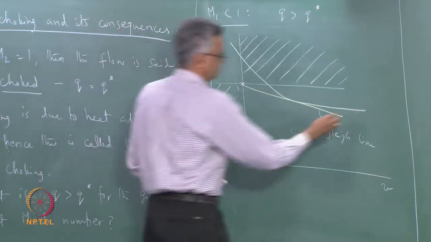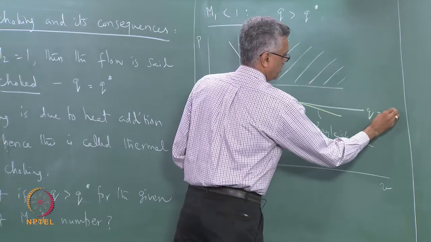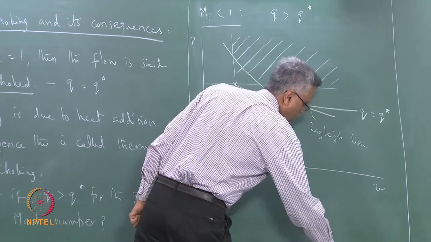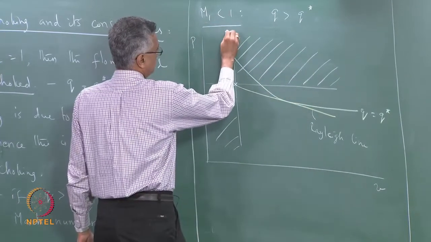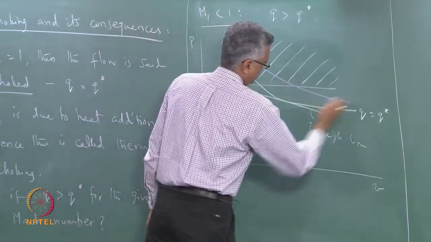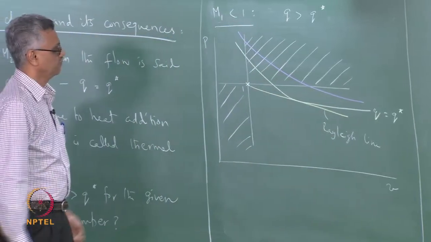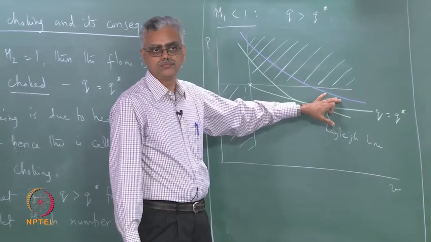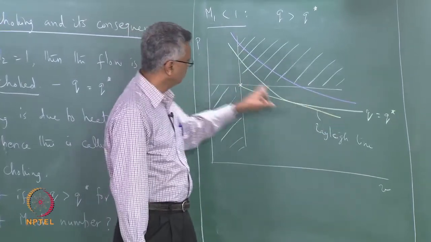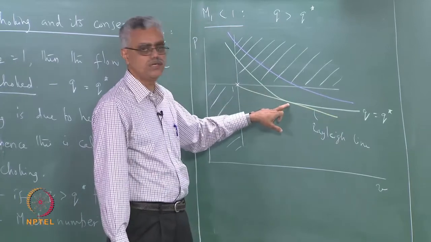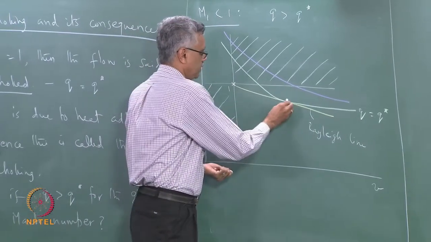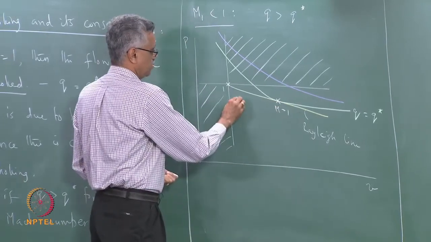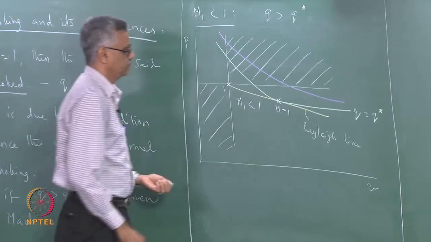But I am trying to add an amount of heat which is more than q star. So that means the H curve that I want is this. I am trying to add this much heat to the flow, whereas the q equal to q star H curve looks like this, so that there is a point of tangency here, and this is the sonic state where M is equal to 1, and this is the subsonic branch that we are looking at.